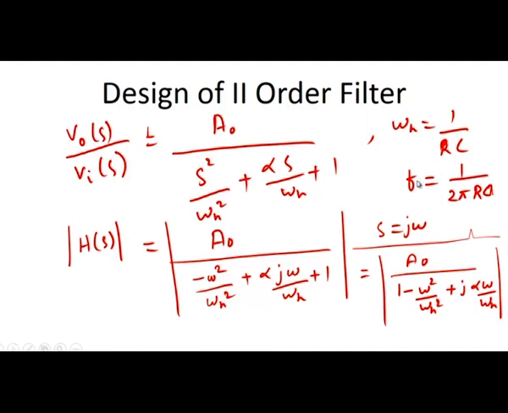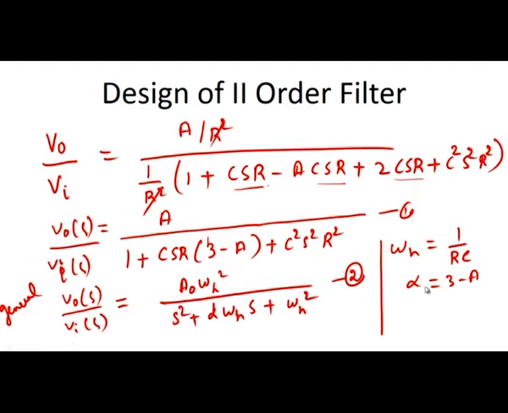If the frequency is given as 2000 Hertz, what we have to do is make f equal to 2000 Hertz, and normally we will assume the capacitor value as 0.1 microfarad. So, R is calculated from the frequency value and the capacitor value, and the gain of the filter is derived from alpha, which is 3 minus A naught. Alpha is given as 1.414.